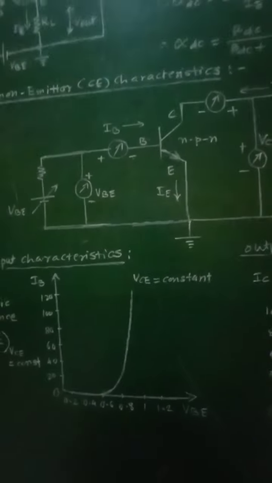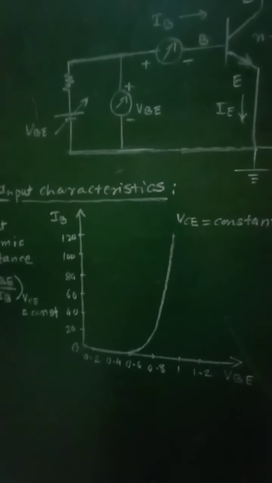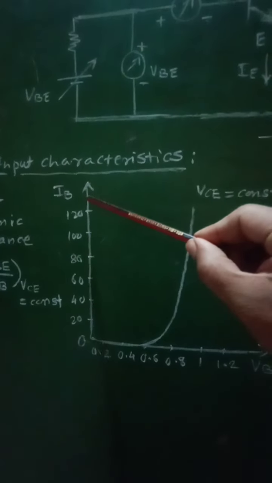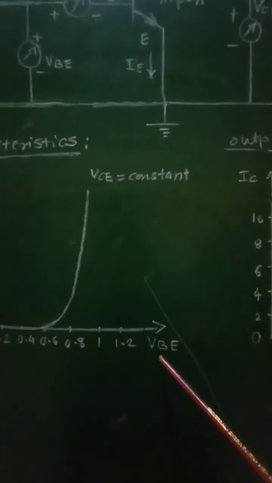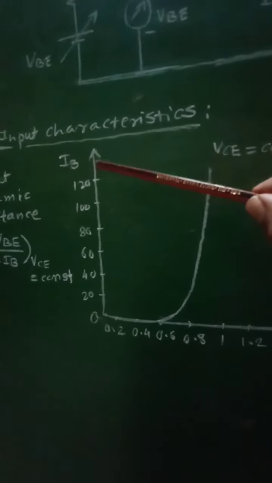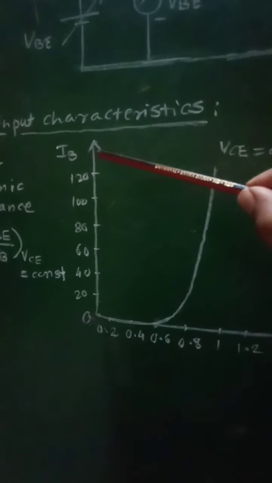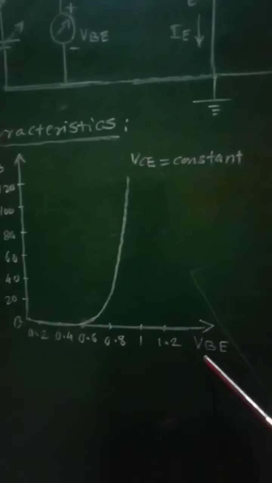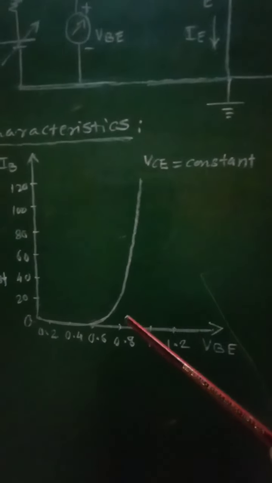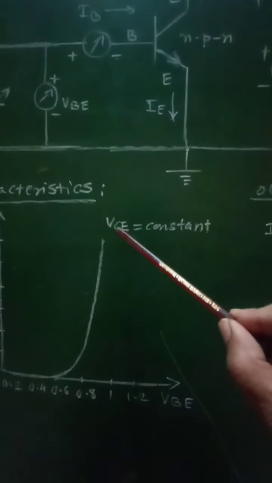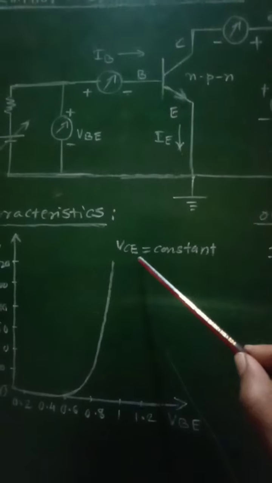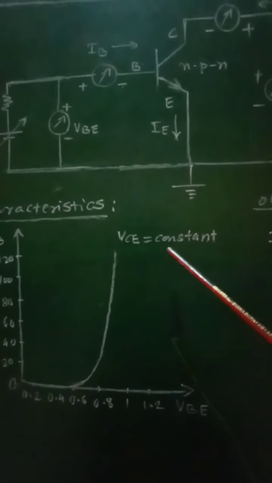Now in this diagram, if you consider the graph of base current IB against the input voltage VBE, then at that time this VCE will be kept constant, that is, the output voltage between collector and emitter will be kept constant.